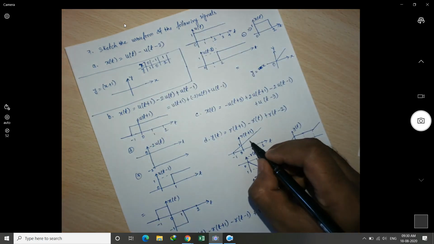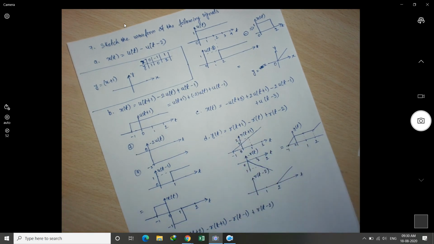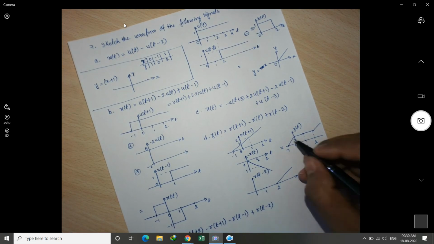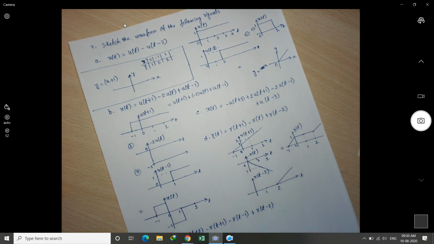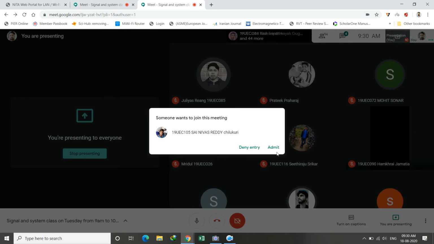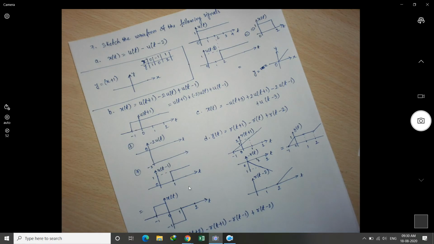So at this position it will have the value of 2. Now it is clear. This is your 1. Confusion clear? Understood?